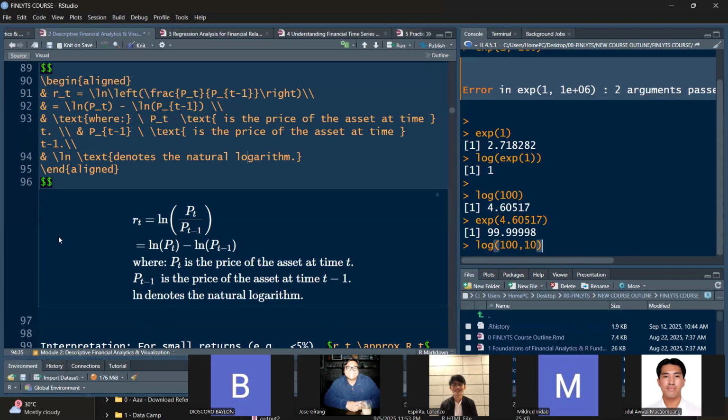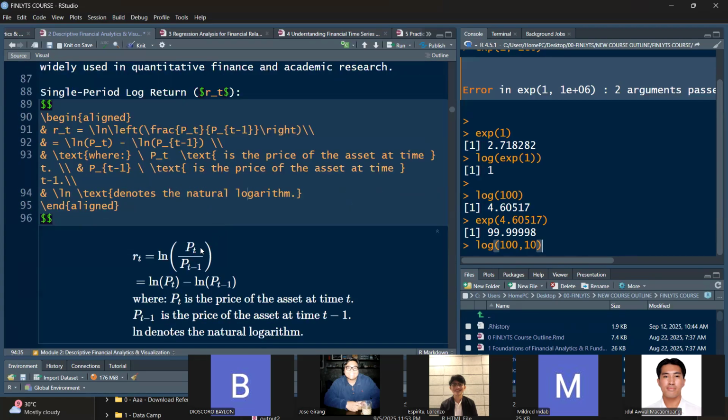Okay, now log, class, has a very important property. The log of a quotient is equal to the difference of the logs. So the formula to get the log return is log or ln. In R it's log of p sub t over p sub t minus 1.